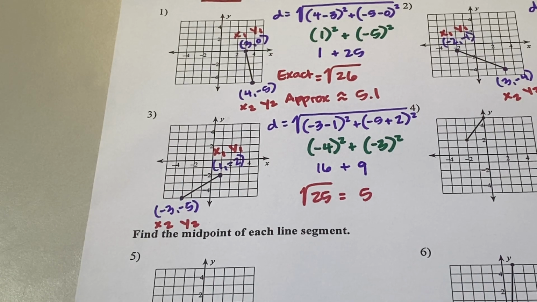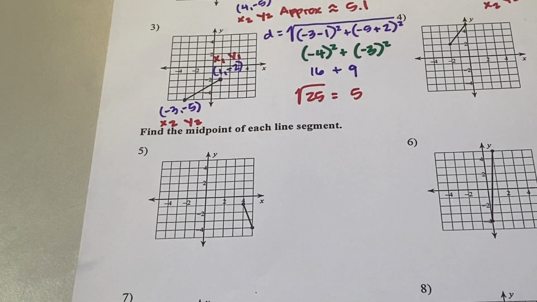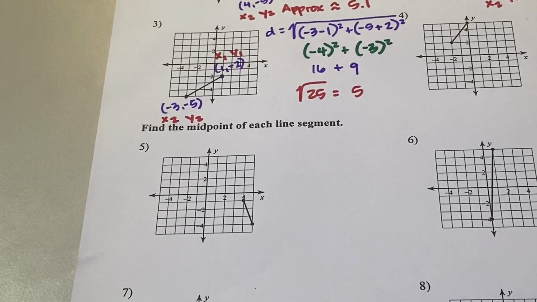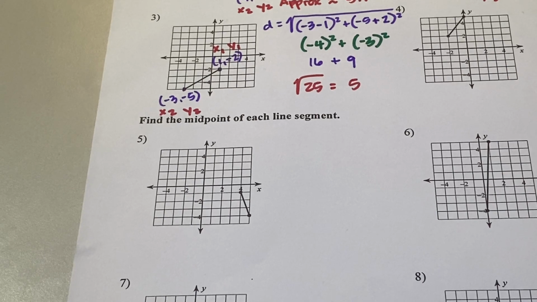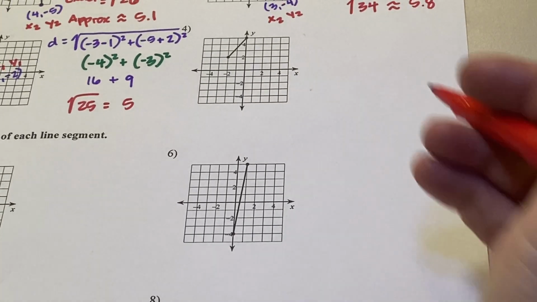Let's talk about our midpoint formula now. Okay, so for numbers 5 through 8, it's asking us to find the midpoint of each line segment, meaning the coordinate point that is directly in between them. So we want to write down our midpoint formula again.